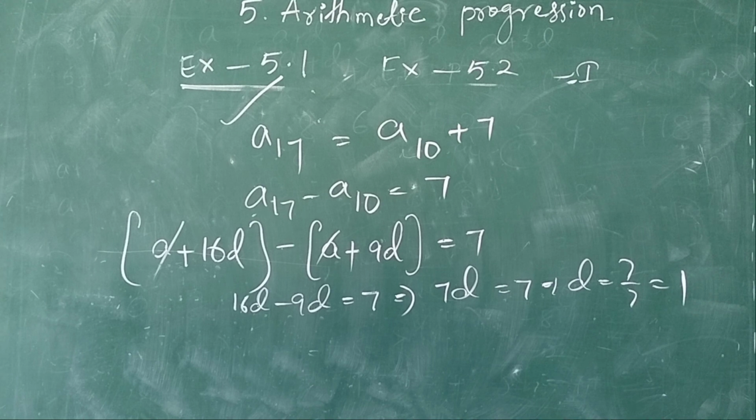First, take N as 54. A54 is equal to some value. Add 132 to that value, then you will get the 65th term. The answer is the 65th term.